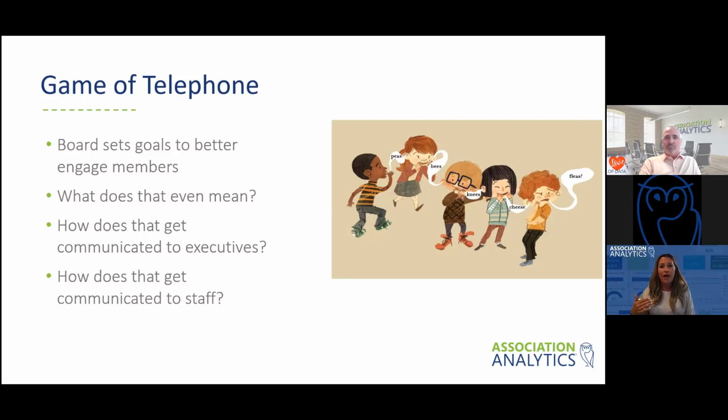So now think about how the information could flow a little bit differently. We now maybe know that it is student engagement that the board really wants to increase. And we also know that student members attend our annual conference, and those students are likely to renew. So now we can start to connect these from a strategic level down to data that we already have to insights and action.